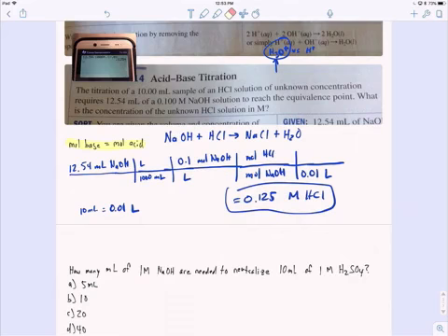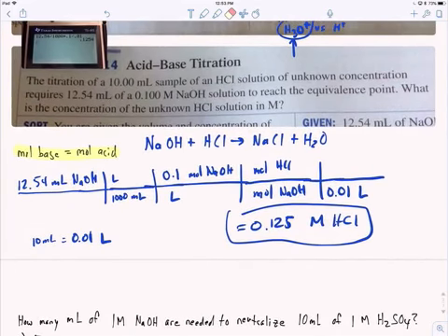Okay. So a recap with this one. We're titrating hydrochloric acid, and we have a known concentration of sodium hydroxide, and this unknown concentration of 10 milliliters. We titrated with a known concentration. It takes 12.54 milliliters of this known concentration.